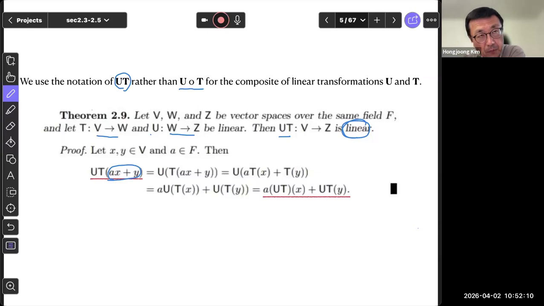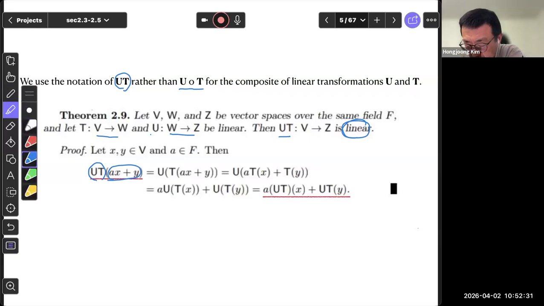Then by definition, this composite UT evaluates ax plus y under T first, and then the image of ax plus y under T is mapped under U. So you evaluate T of ax plus y. Now what is T of ax plus y? Since T is a linear mapping, T of ax plus y is a times T of x plus T of y.